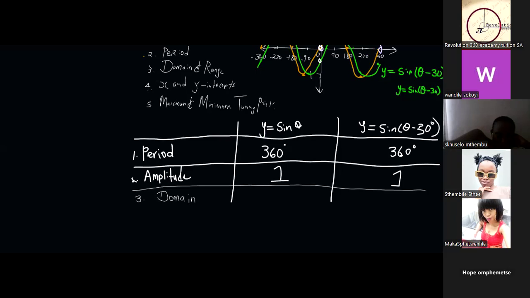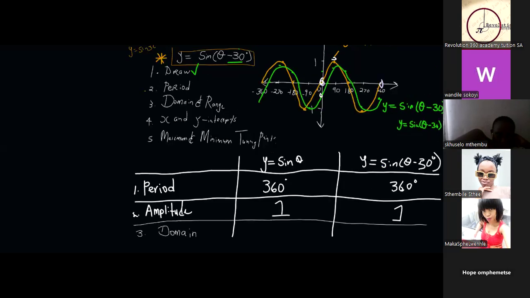That's why I said you can't answer these questions if you didn't draw the graph. There's a reason why for the first question I said let us draw the graph. Because the way they're going to ask you in an exam, they are either going to say draw the graph and write the period, amplitude, or domain, or you find the graph already drawn and they give you unknowns.